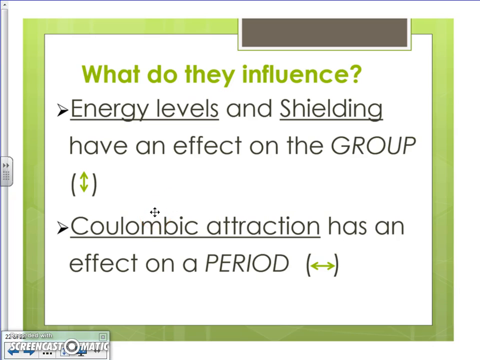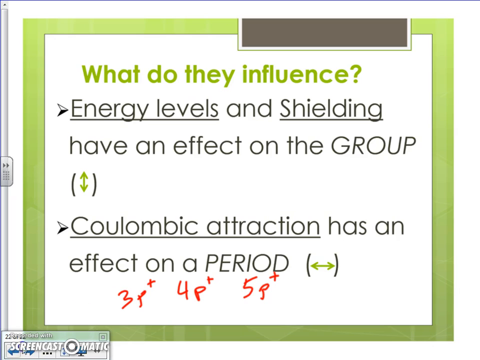And then Coulombic attraction is the only effect on a period. There is only one. So again, think about as you work across your periodic table, if we look at that 2nd row, you have 3 protons, you have 4 protons, 5 protons, 6 protons, and so on.